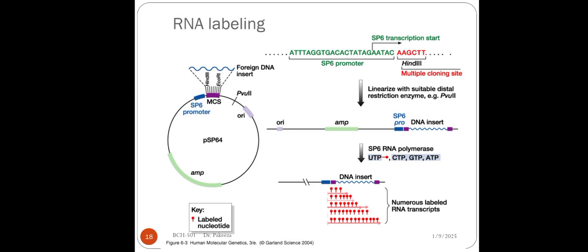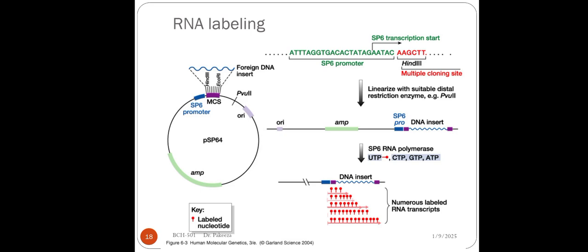Now you see, right below the SP6 promoter, the multiple cloning site is present. So what you will do is digest it with your required or suitable restriction endonuclease. After cutting, you will insert your gene of interest against which you want to prepare labeled RNA.